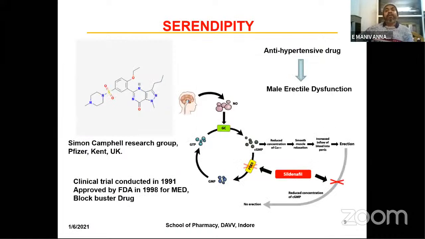Another best example of serendipity is sildenafil citrate. This is slightly different from the case of Alexander Fleming's penicillin discovery. Here, the sildenafil citrate drug was discovered within a program to identify an antihypertensive drug.